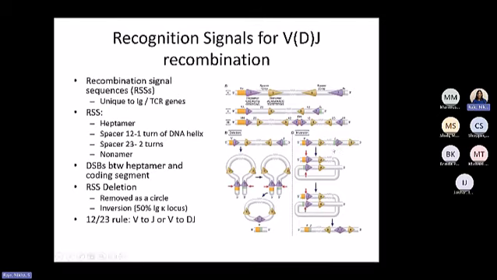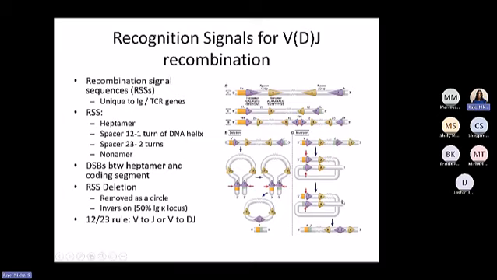In those cases, again, the break always occurs between the heptamer and the coding sequence. So when that happens, there is inversion of the DNA helix, so that those two coding sequences can come close to each other and undergo recombination, and then the rest of that RSS will be attached to the end of it.